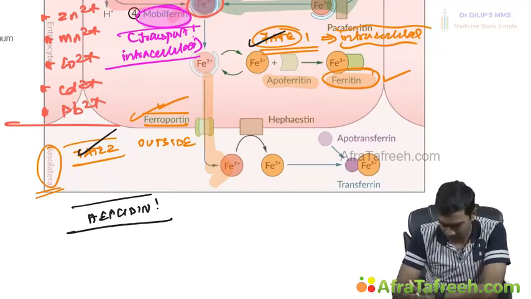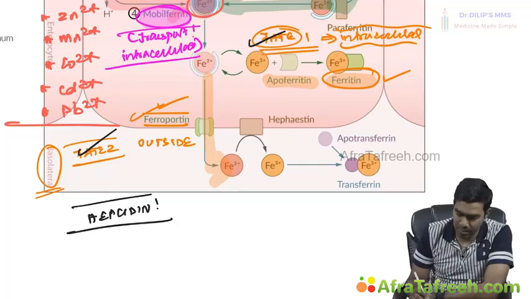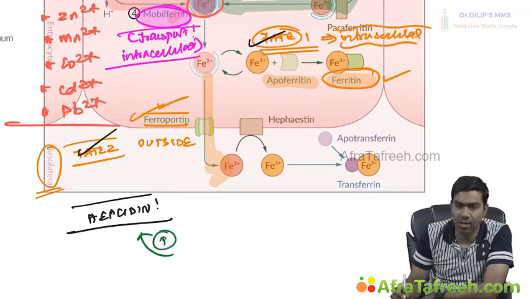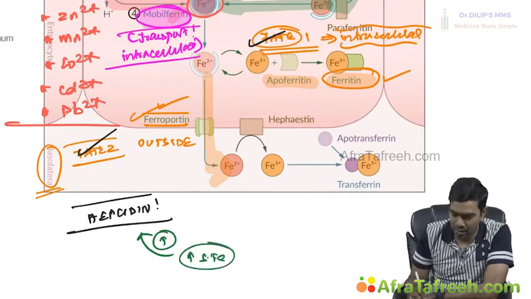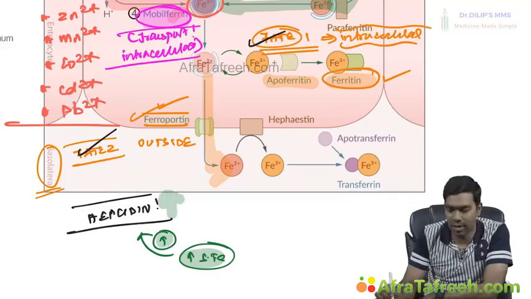Very, very important. So if you ask how hepcidin determines this, let us put it in 2 different colors. Whenever you have a high circulating iron, this is directly going to stimulate your hepcidin release, so you're going to have a very high hepcidin.